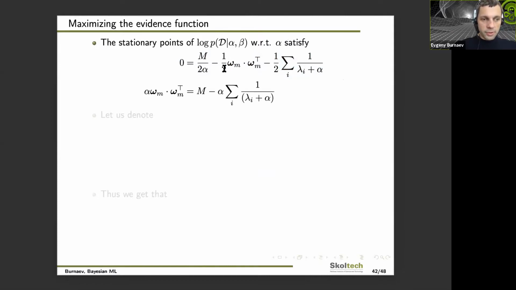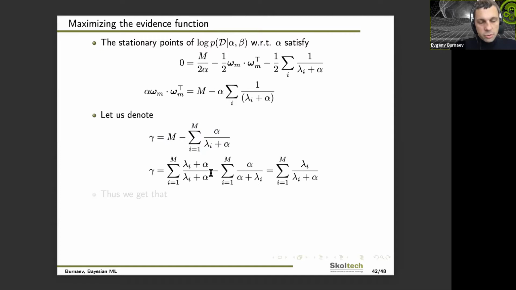And so if we move this term with alpha to the left and this term with alpha we keep on the right, we can do the following trick. We can denote by gamma this expression. It's obvious that in this sum we have m terms, because the matrix phi transpose phi has exactly m eigenvectors and m eigenvalues.